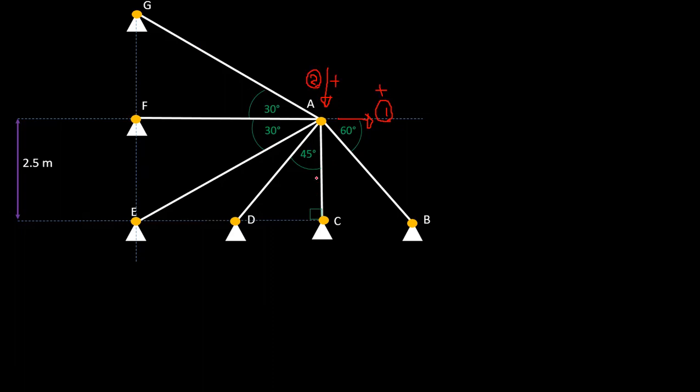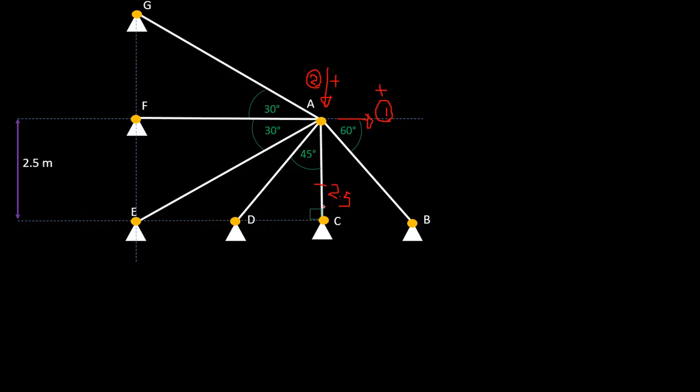Now the lengths. Length AC is directly 2.5. No problem, it is the length between these two levels.